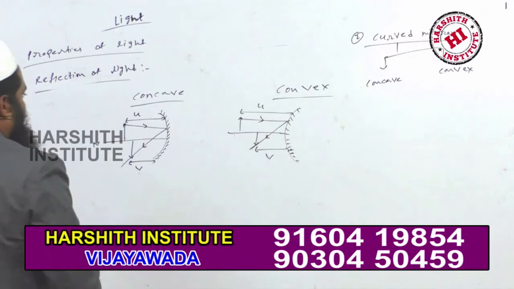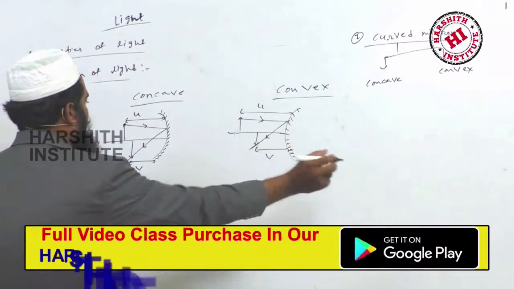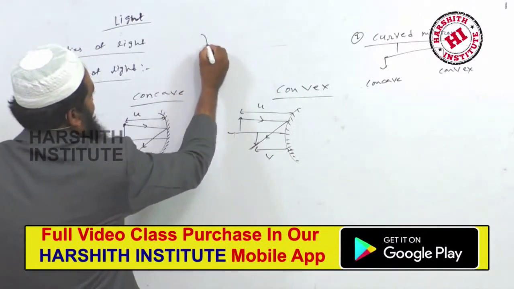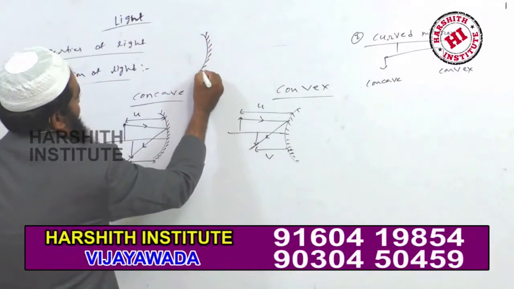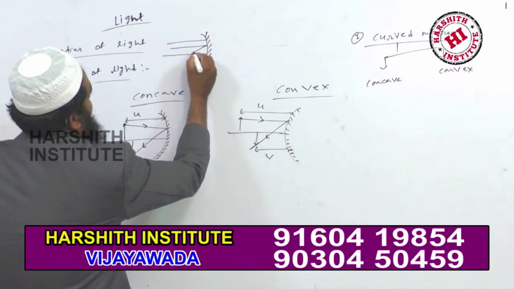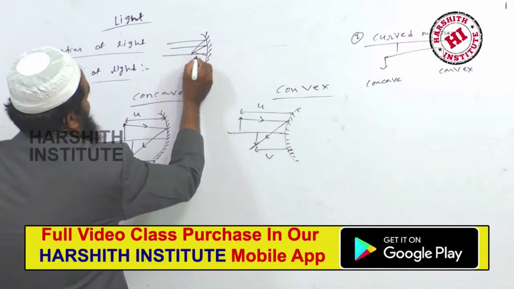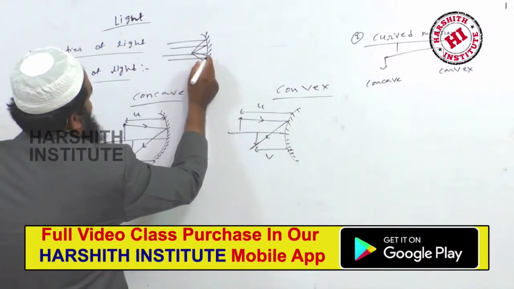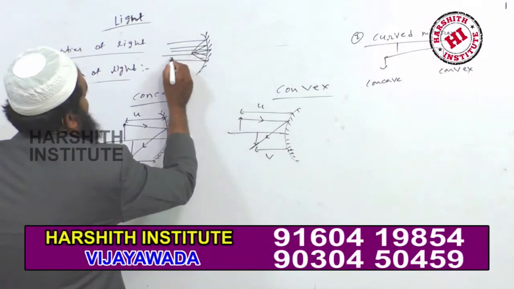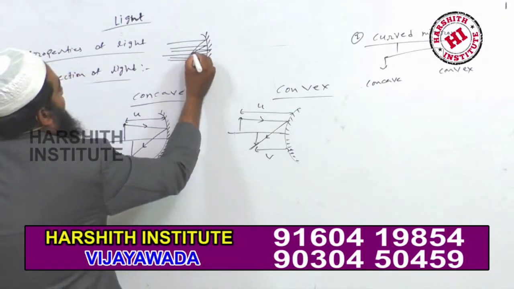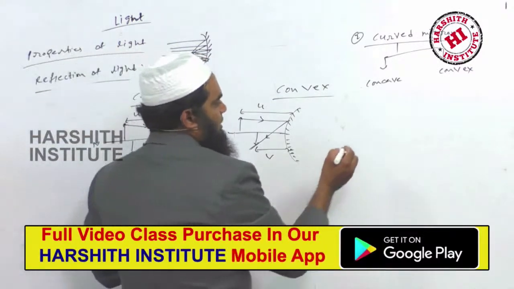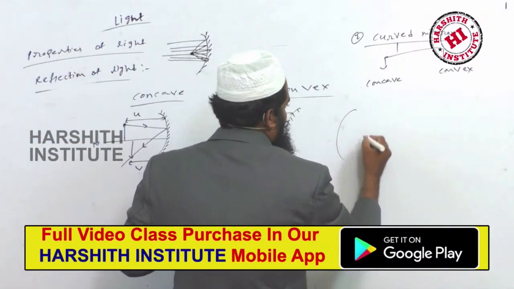The concave mirror is simply called a converging mirror, and the convex mirror generally takes this pattern.